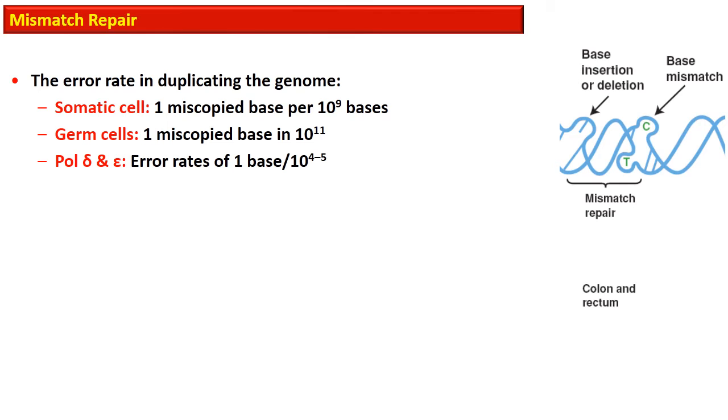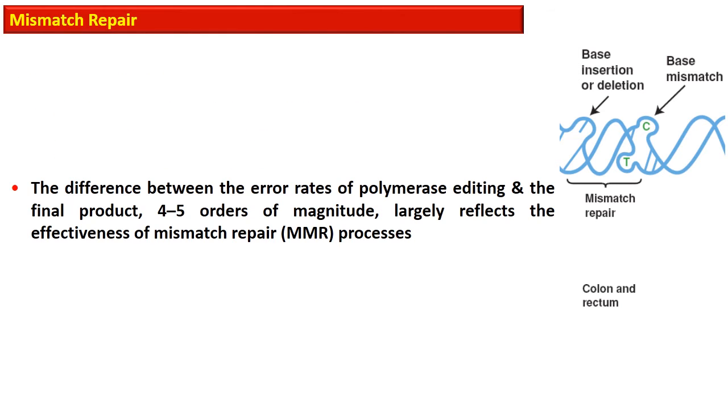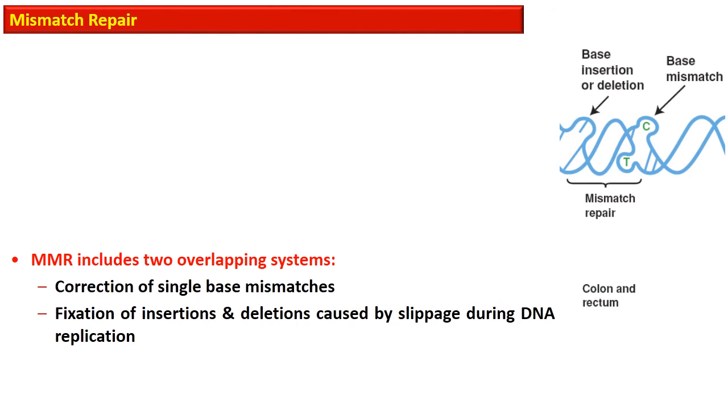For the germ cell it is less, one miscopied base in 10 to the power 11, and for polymerase delta and epsilon the error rate is 1 base per 10 to the power 4 to 5. The difference between these error rates of the polymerase editing and the final product largely reflects the effectiveness of this mismatch repair process.